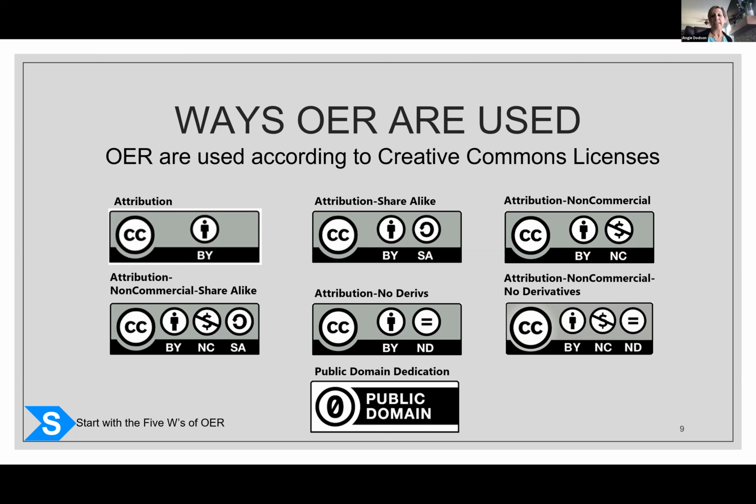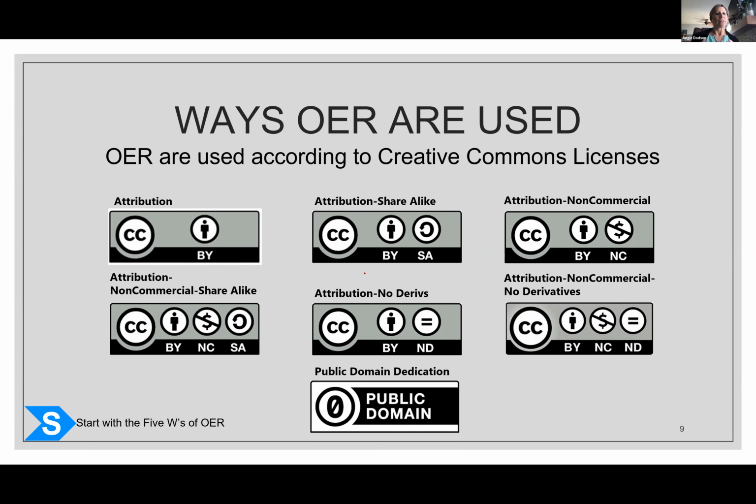The one on the end there where it says CC BY NC ND is the most restrictive. And so you have to show attribution, give credit for that particular OER. You cannot use it commercially, nor can you make any derivatives of it. And so that's mainly where you would just retain it and reuse it at that point.